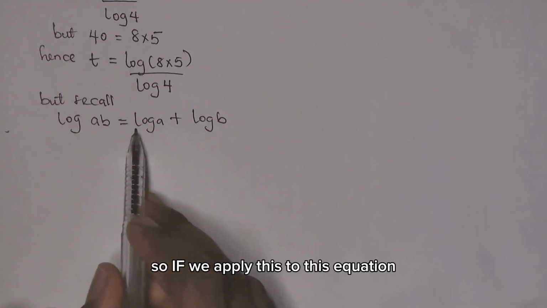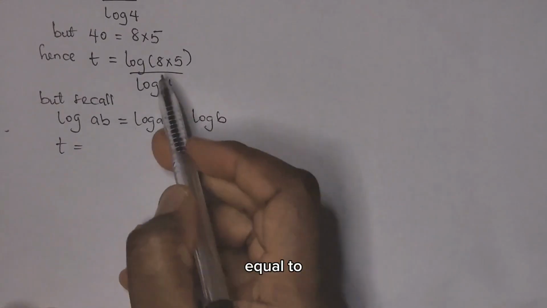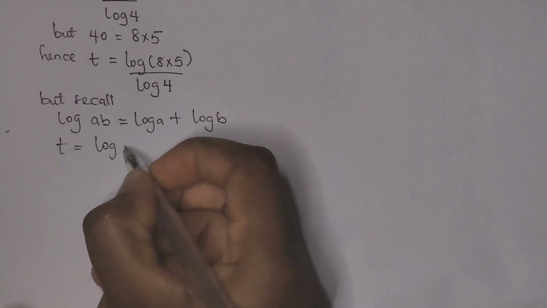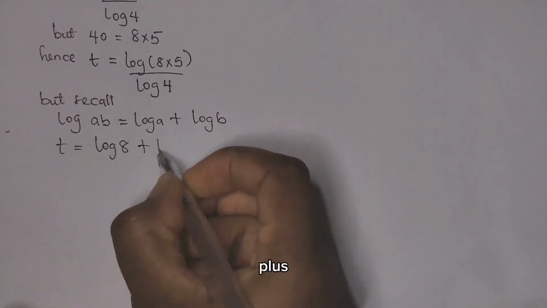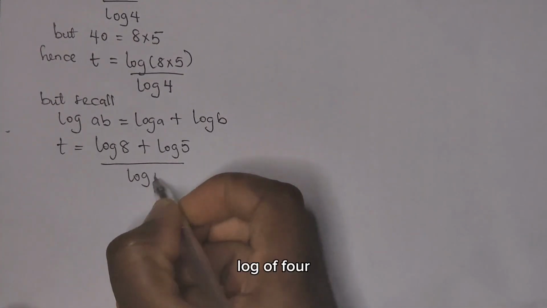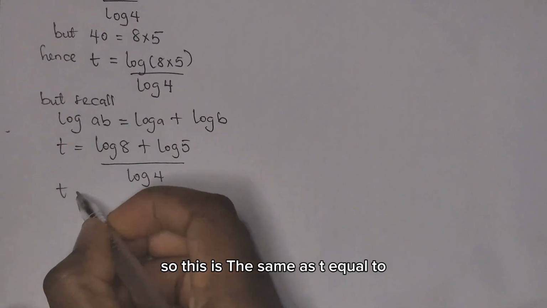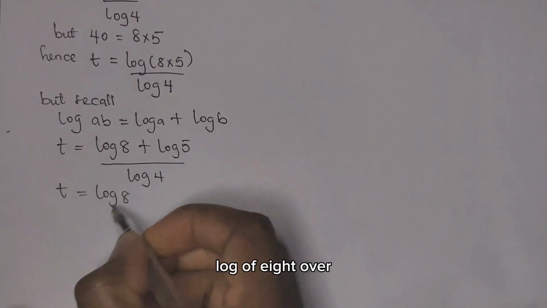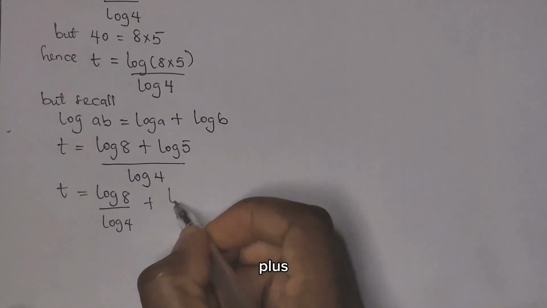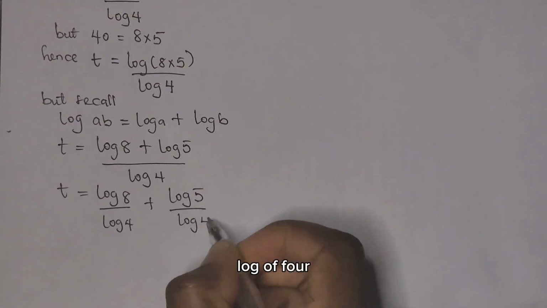So if we apply this here, we have t equal to log of 8 plus log of 5 all over log of 4. So this is the same as t equal to log of 8 over log of 4 plus log of 5 over log of 4.